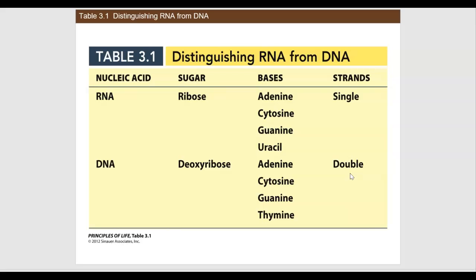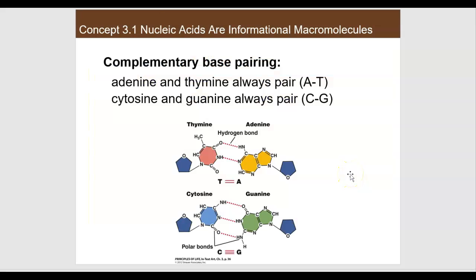So this is the typical way we see these nucleic acids. More often than not, we're going to see it represented by this double-stranded double helix. The other thing to note is that when we're talking about DNA, there's always the same pairing.